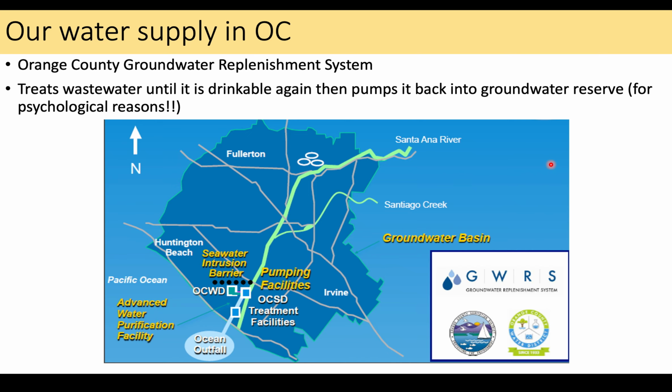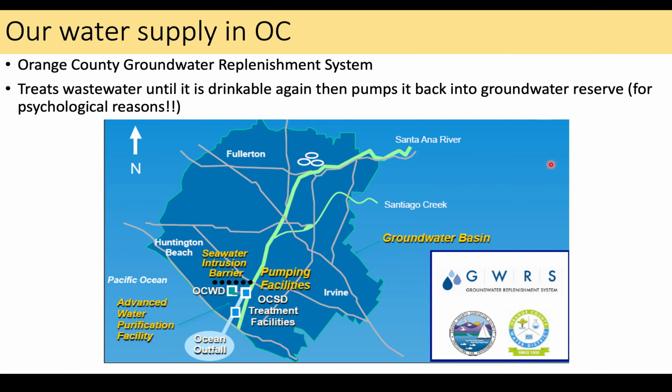All of the Orange County water districts treat the used water just enough until it is drinkable again, until it is almost perfectly safe. And then it is pumped back down into the groundwater.